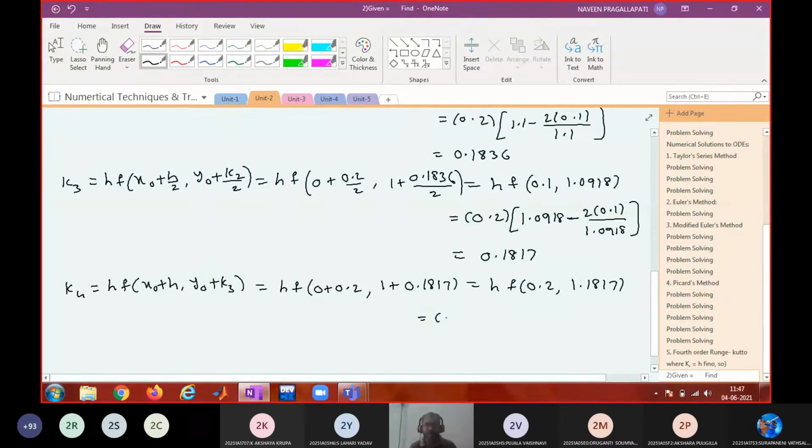So this is 0.2 into y minus 2x by y, so 1.1817 minus 2 into 0.2 by 1.1817.